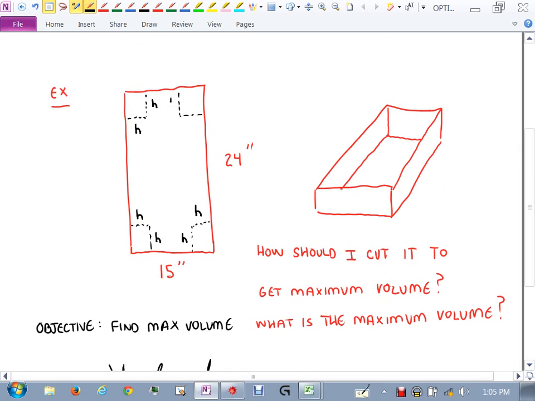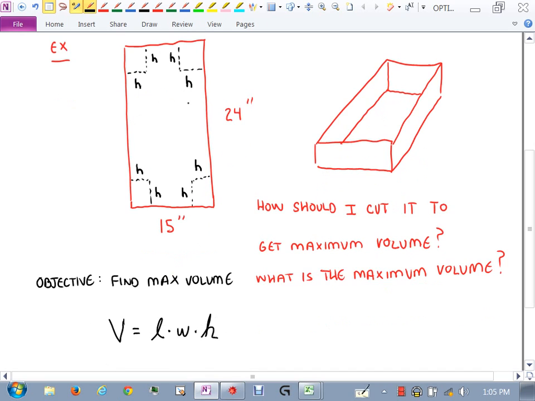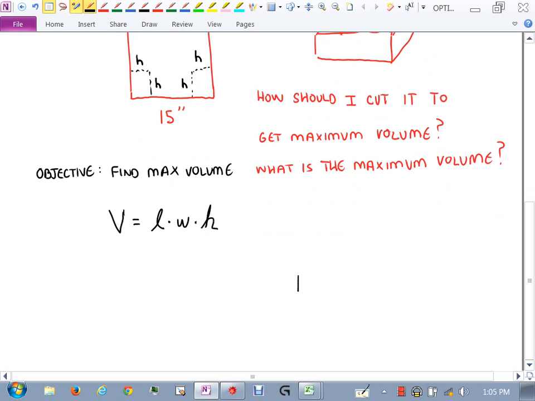I was going to call them X, but we'll call them H. It's not any different to use that H. When we cut that, then fold things up, can you tell me what this length is now, or this right here? Can you tell me what that is?